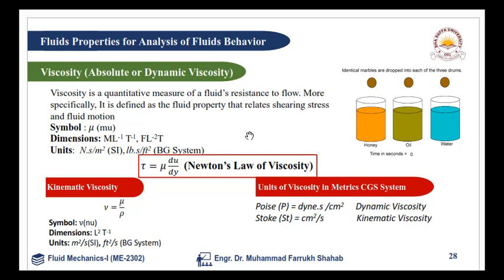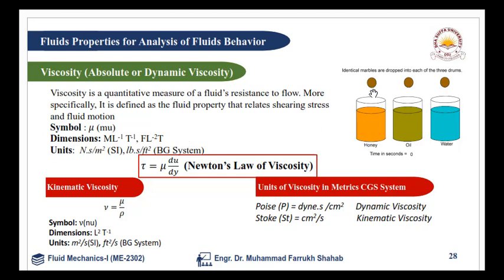If we drop identical marbles in water, oil and honey, in the case of water the ball will reach the bottom quickly as compared to oil and honey, which means that there is a resistance between the layers, which is not allowing the marble to travel easily.